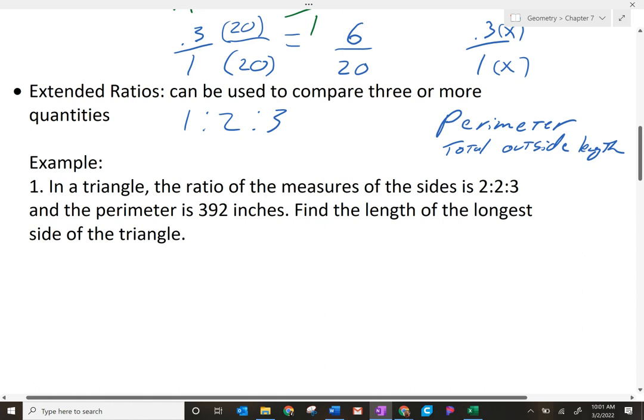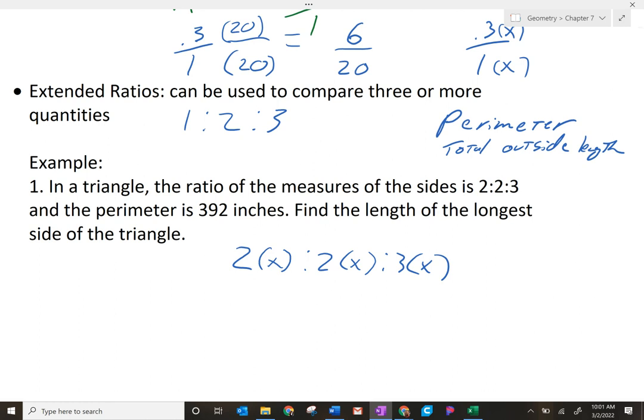So that 2 to 2 to 3 is the same as me saying 2x to 2x to 3x. Because again, it doesn't matter what I plug in, they'll all be increased by the exact same number if I plug it into the same one. To find a perimeter, it's adding up all the sides, right?